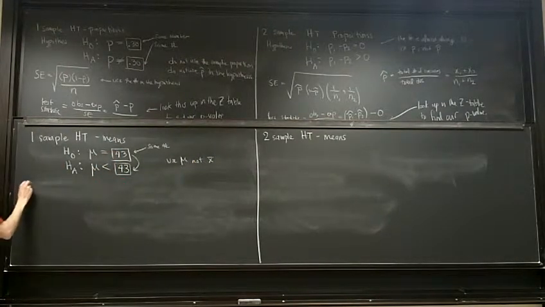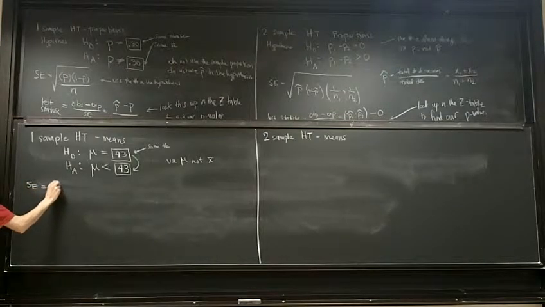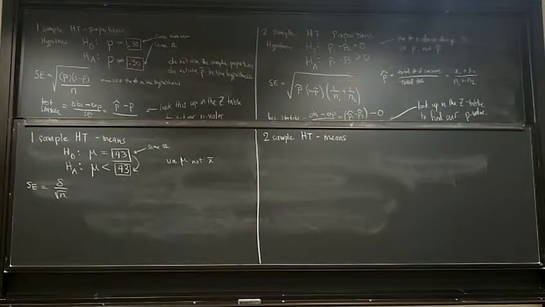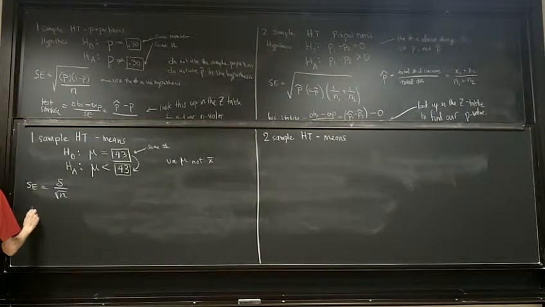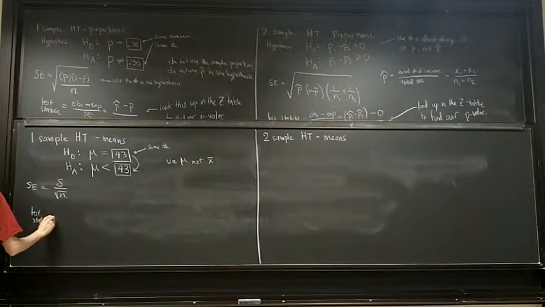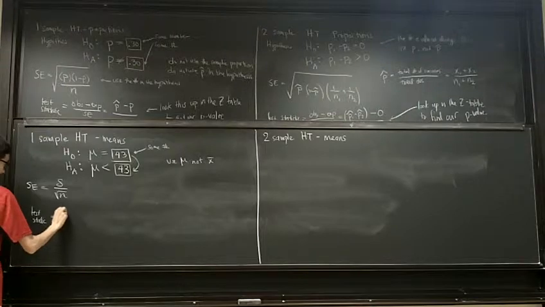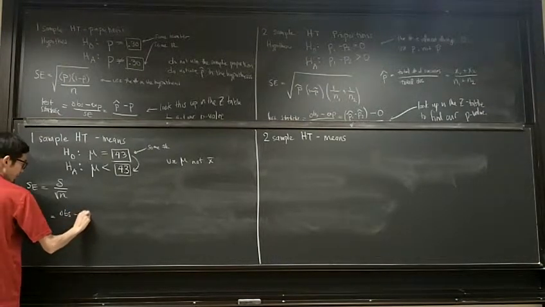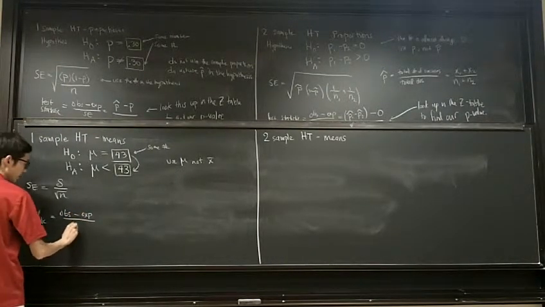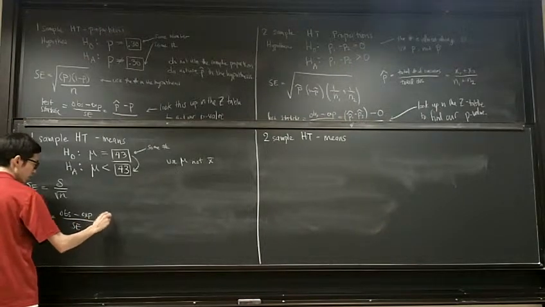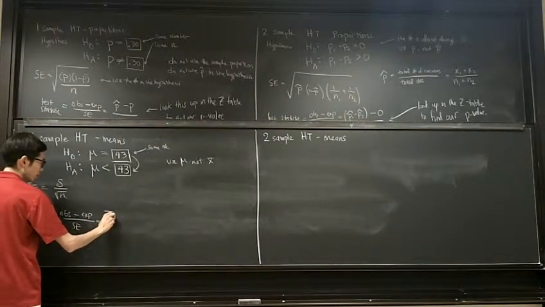Alright, my standard error is equal to s over the square root of n. And my test statistic is what I observed minus what I'm expecting, divided by my standard error. I observed x bar.